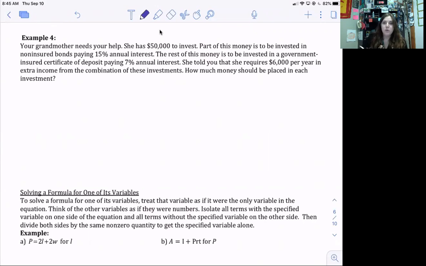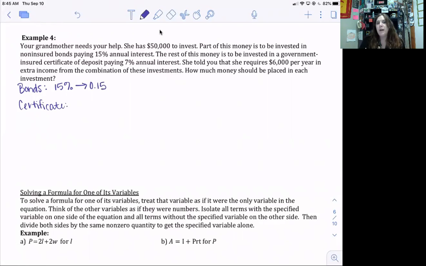Okay, so we have two accounts we're looking at, or two bonds. So we have our bonds, and then we also have our certificate. Let's break it up like that. Okay. So with our bonds, we know we're looking at 15%, which we're going to change into a decimal of 0.15.